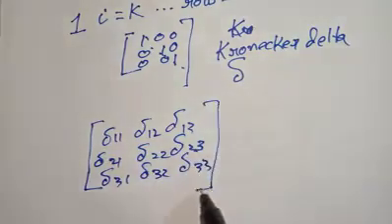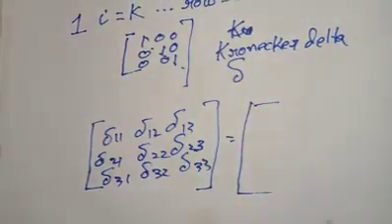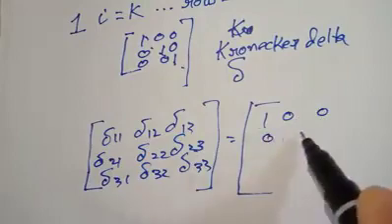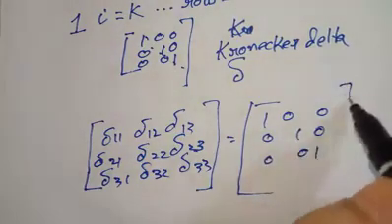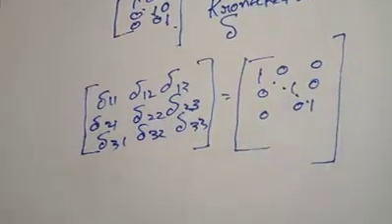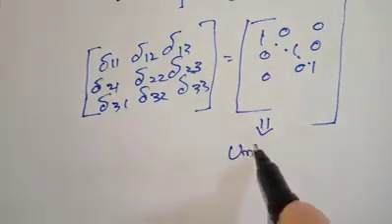This becomes a matrix, and it would look exactly like this: 1 0 0, 0 1 0 and 0 0 1. That means it is a unit matrix. So we can call this the unit matrix.